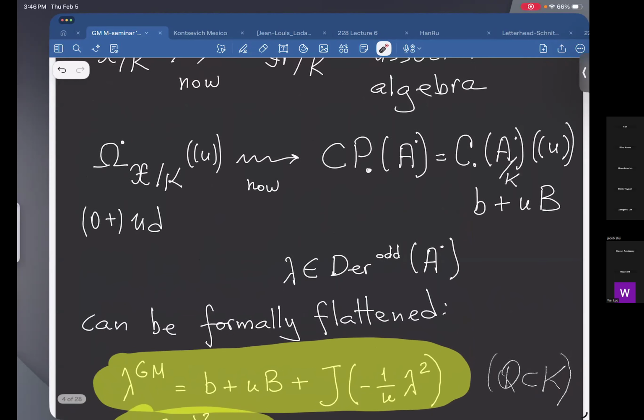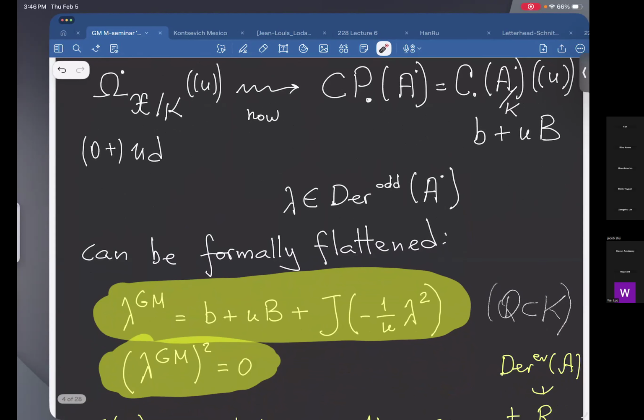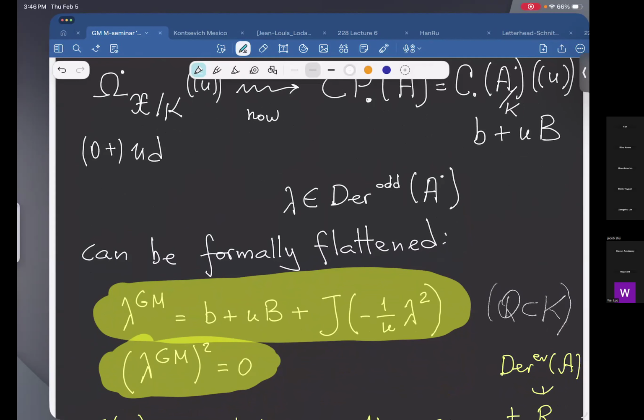Unfortunately, it will be in strictly negative degrees for some reason.